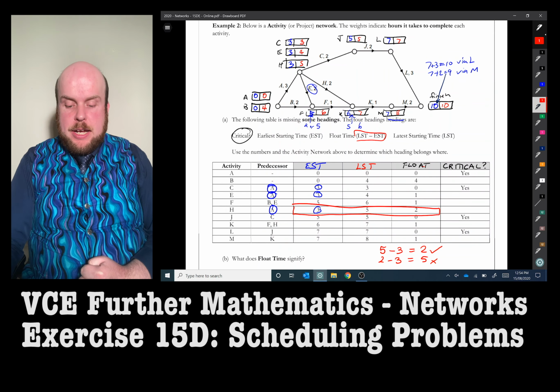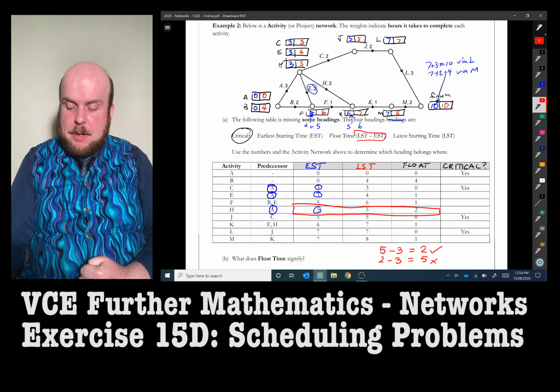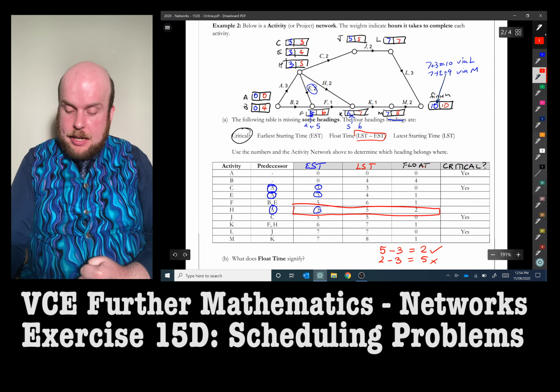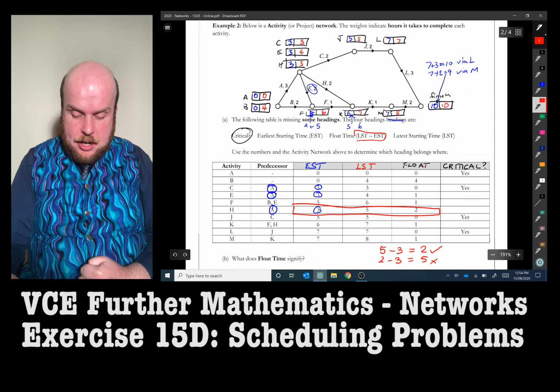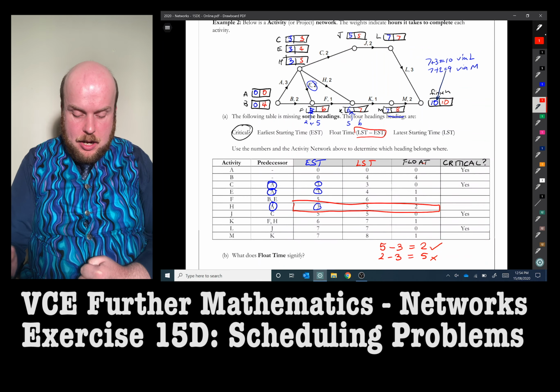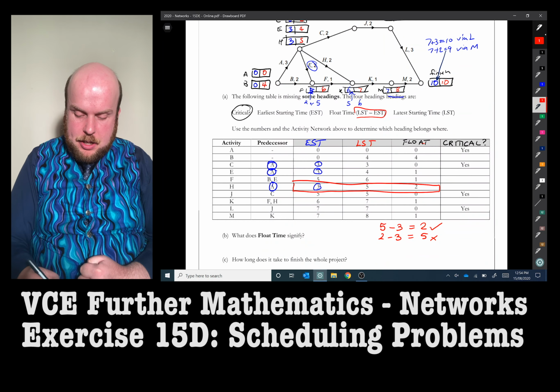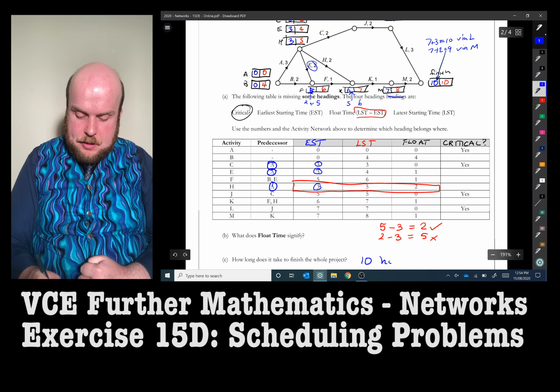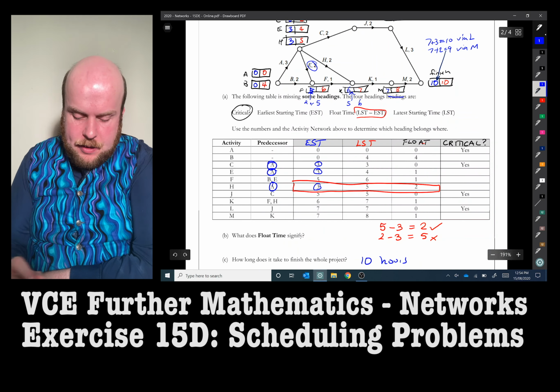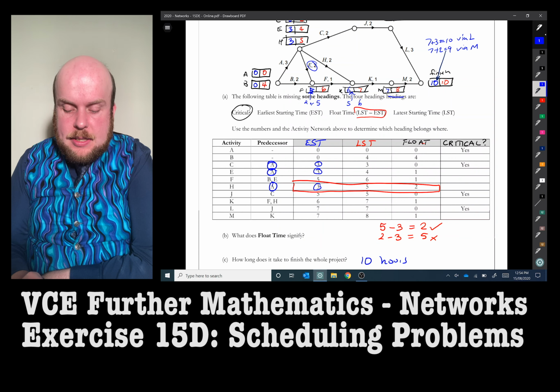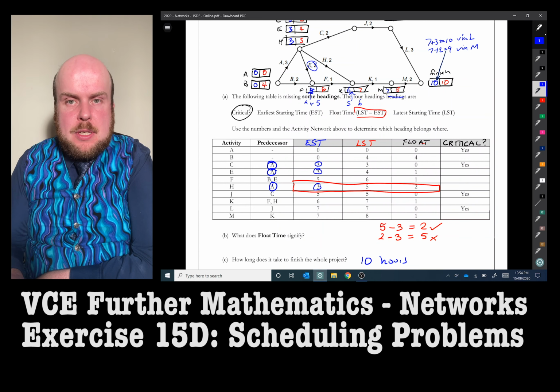Of course, you could also check the latest starting time by doing the backward scanning. We just need to identify a few things. First of all, how long does it take to finish the whole project? We got that. That was 10 hours. But what does the float time signify? If it's the latest starting time take away the earliest starting time, what does that mean?